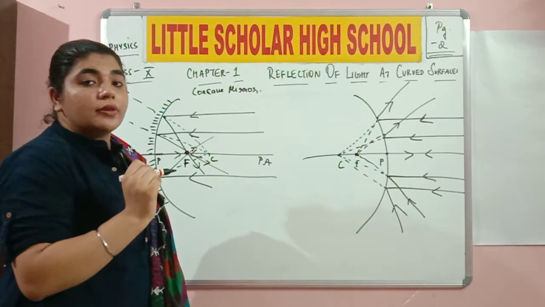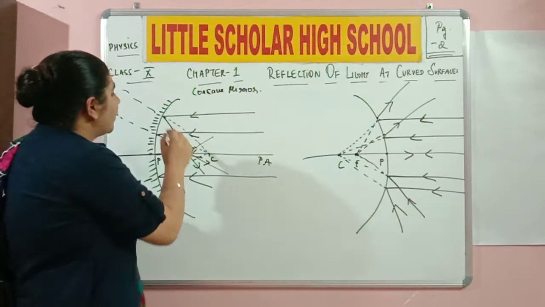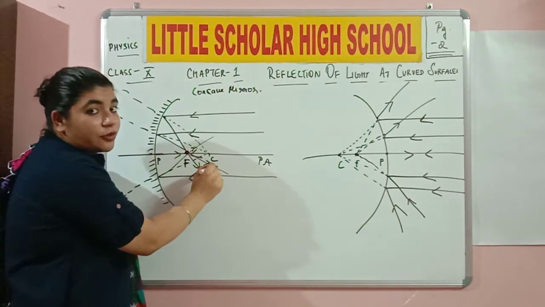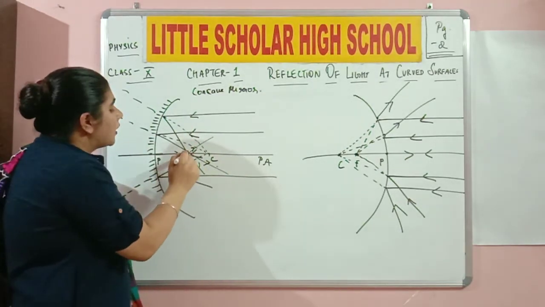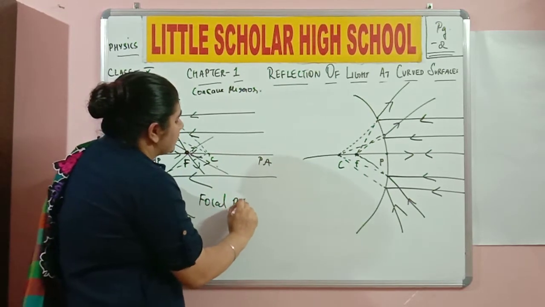Don't confuse yourself with the center of curvature and the focal point. The point at which the normal rays are meeting is called the center of curvature. The point at which the reflected rays are meeting is called the focal point or the focus.